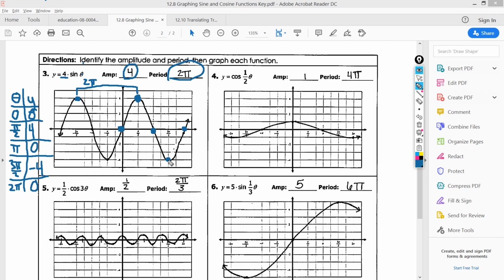And same thing over here: go back 2 pi worth and mark -4 again. And then, for me on a test, I'd be done.